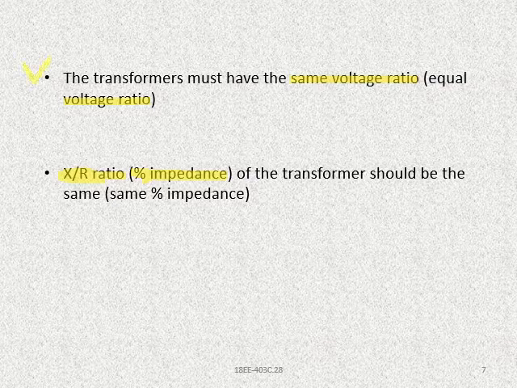These are the four conditions that should be satisfied in order to connect the two transformers in parallel. Firstly, the voltage and frequency should be the same, next the polarity should be the same, and next the same voltage ratio, nothing but E2 by E1 should be the same, and also the X by R ratio should be the same.